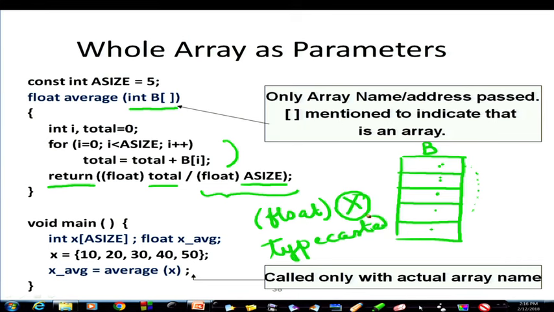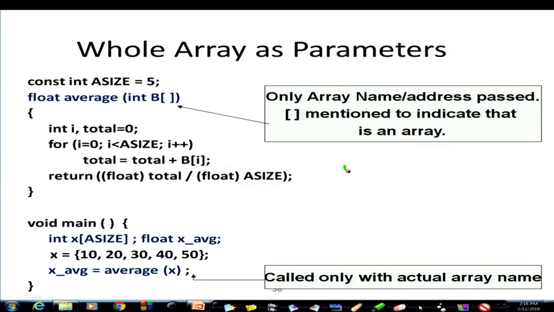So, if it was 5, suppose, then float(a size) will make it 5.0.